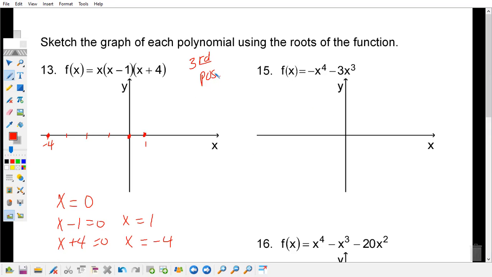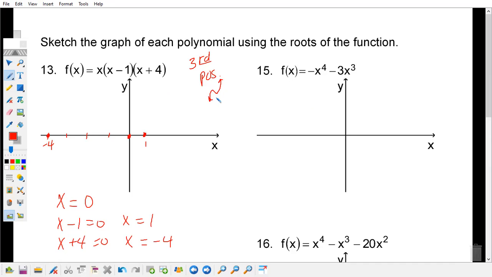With odd functions, we said that they're opposites of each other, right? So if my end behavior is positive, my beginning behavior had to be negative. So my graph is going to start negative, but end positive. That's the situation that's taking place, okay?